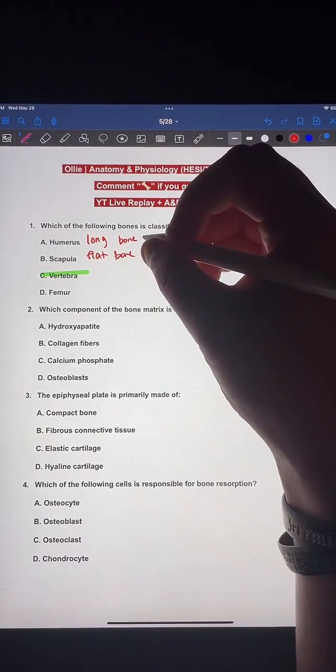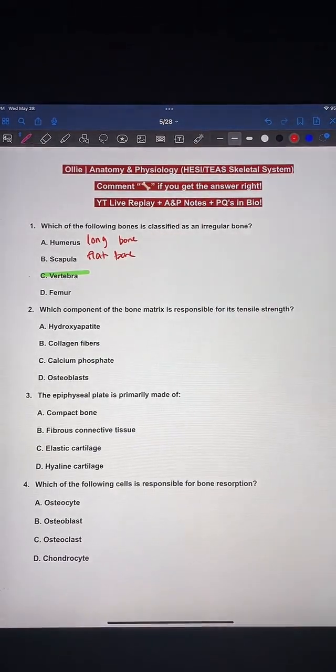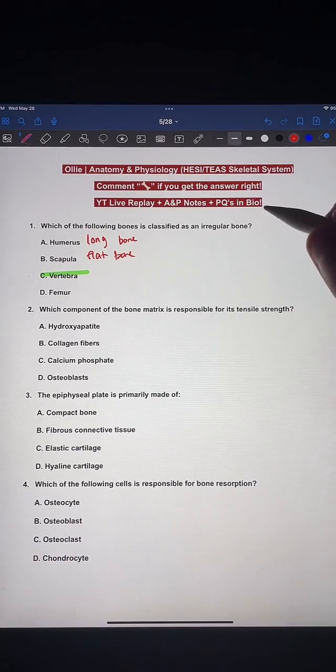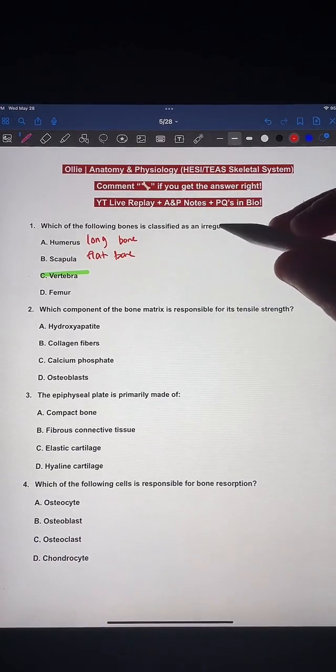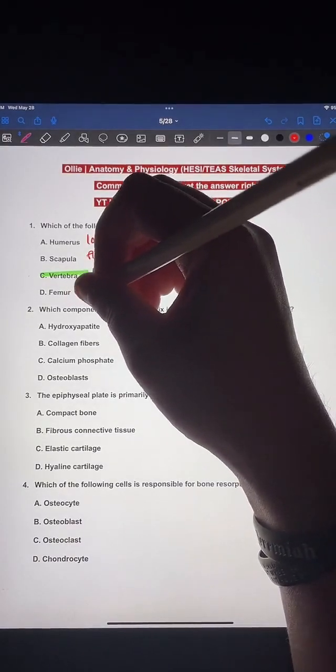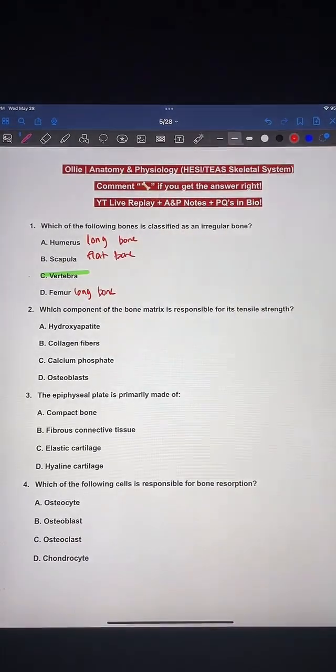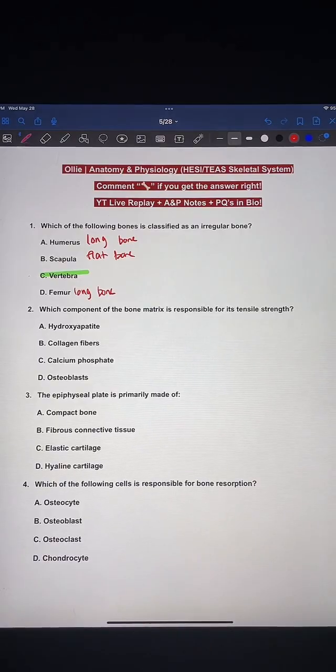A long bone has a shaft and 2 ends, mainly functioning for support and movement. The scapula protects organs, and it serves as a muscle attachment. And the femur is also a long bone. It supports function and movement as well. But like I said, an irregular bone would be the vertebrae because of its complex shape. It doesn't fit into those other categories.